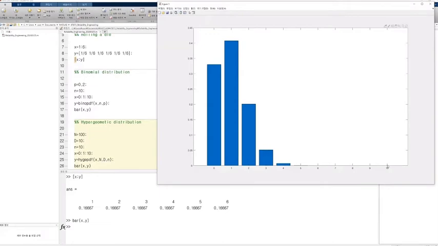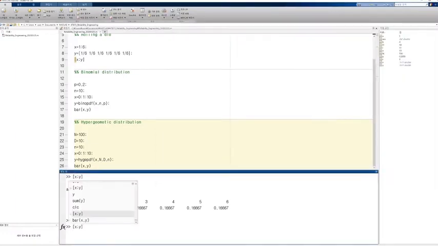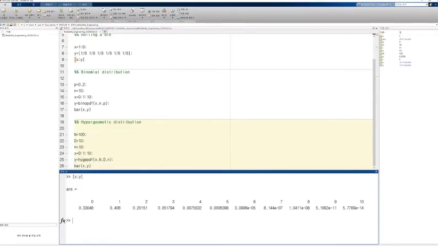Even 10 has a very small but still nonzero probability. So these are the numbers of items of interest, and this is the probability distribution.